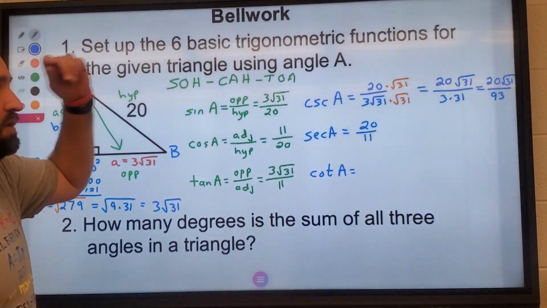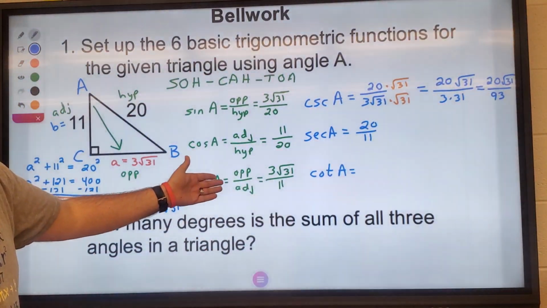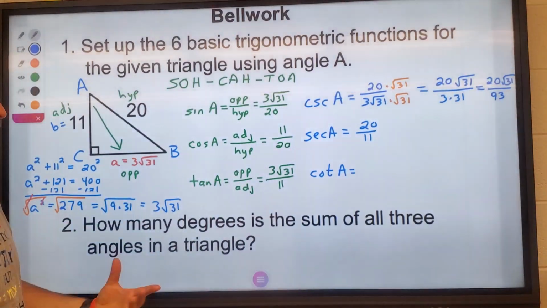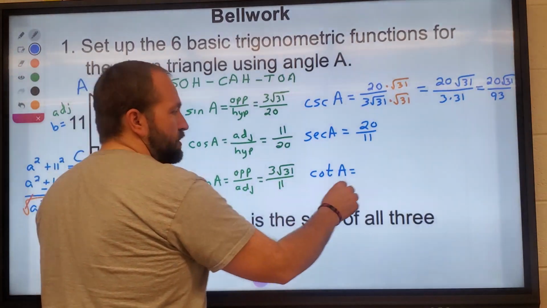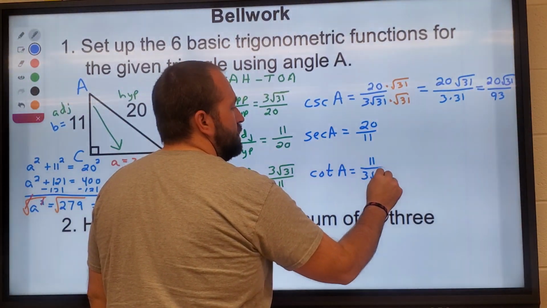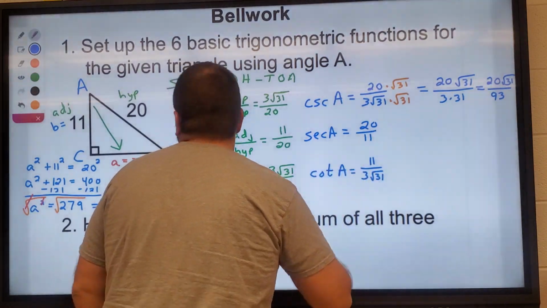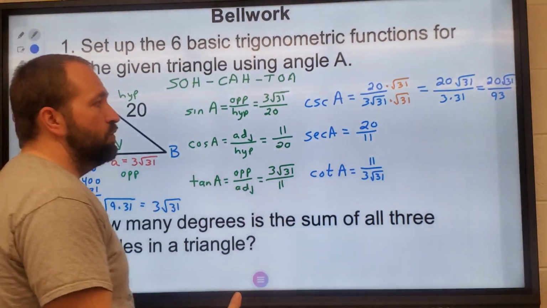Similar to cosecant up there, we have to take this and flip it. Again, we don't have anything else ahead of that we can simplify and flip to make life a little bit easier. So we take this and turn it around. We have 11 over 3 square root of 31. Again, I have that square root in the denominator, so I need to get rid of that and rationalize.